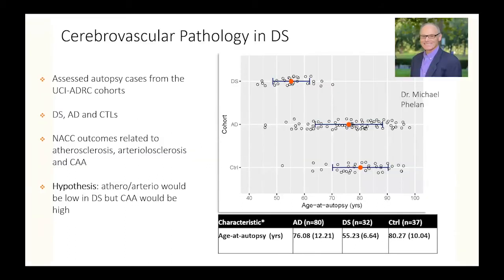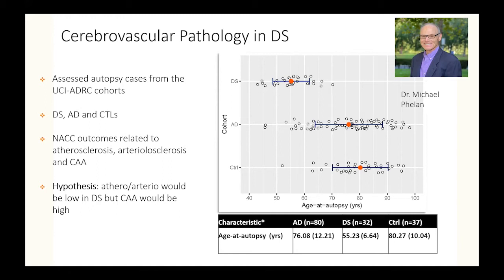The way that we first addressed this question was by working with a wonderful biostatistician, Michael Fallon, pictured here, where we took every single ADRC case we had here at UCI with all their neuropath reports that we generate for the National Alzheimer's Coordinating Center, or NAC, and collated all those data and put in our data from our Down syndrome autopsy cases, which, by the way, are not uploaded to NAC yet, but we can talk about that later. At first blush, we just looked to see what we had that we could compare.